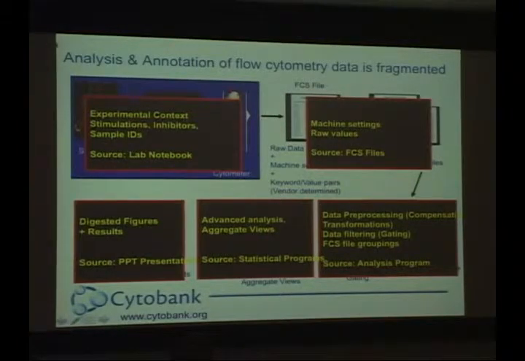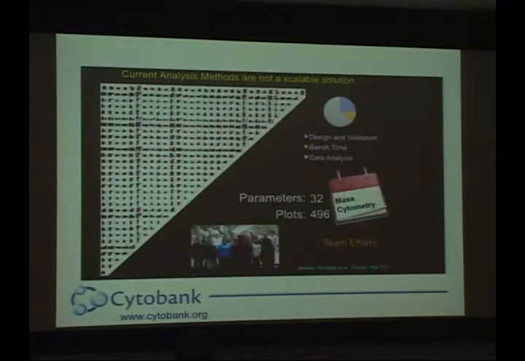Some information will be in your lab notebook, some in FCS files, you'll have your gating information in one place, your statistical information in another, and then finally you'll make a PowerPoint or a PDF, right? And as soon as you have to go back, or your PI asks you how did you do X, Y, Z, it becomes very annoying. And this is what was happening to us. Gary was asking us all these questions. It was getting really annoying to answer, so we started building this stuff.